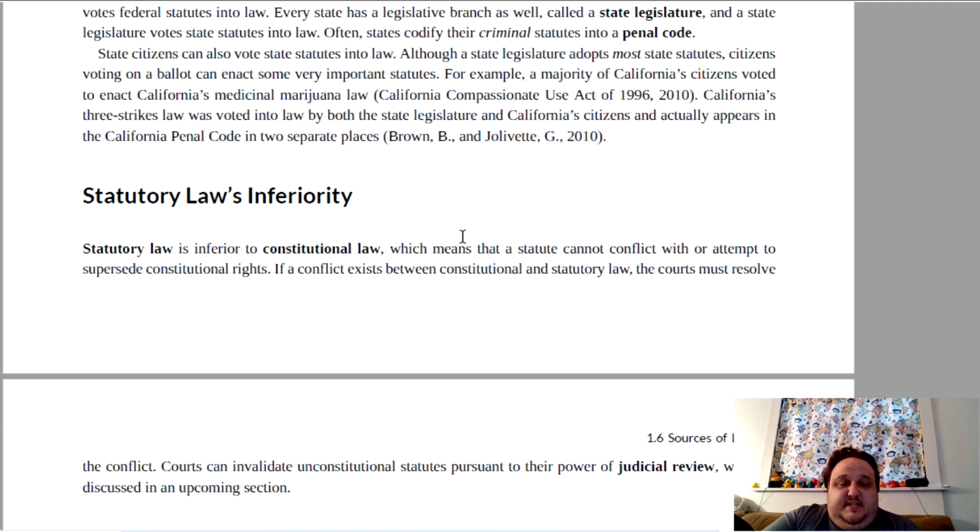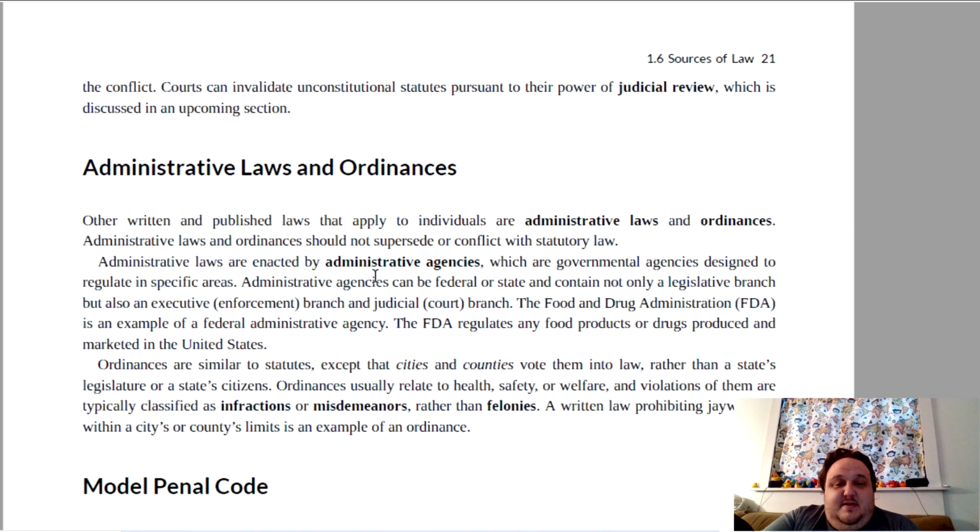So obviously, constitutional law is the top, and the biggest thing about a statutory law is that it cannot conflict or attempt to conflict anything that's in the Constitution. So if someone tries to make a law that goes against a constitutional belief, like the freedom of speech, all of a sudden that law does not get approved and is thrown out because it goes against the Constitution.